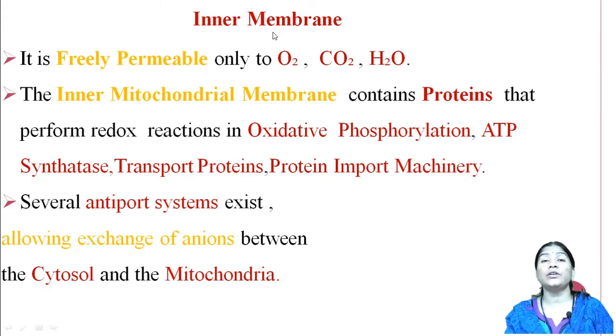Then the next component of mitochondria is the inner membrane. The inner membrane is freely permeable only to oxygen, carbon dioxide and water. The inner mitochondrial membrane contains different types of proteins that perform the redox reactions in oxidative phosphorylation, ATP synthesis, transport of proteins, and protein import machinery.